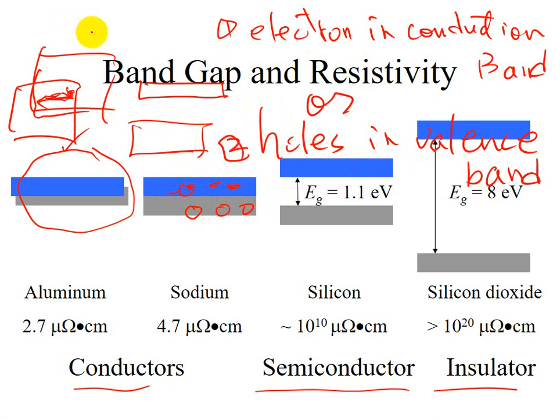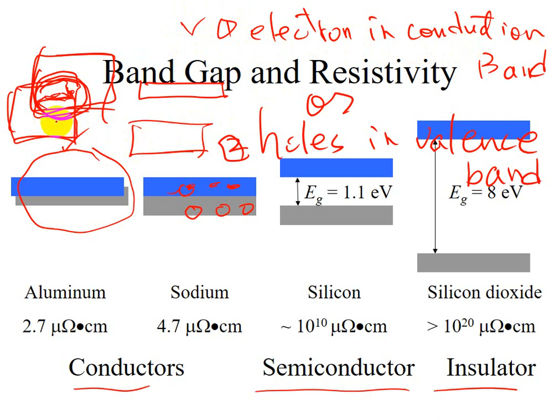So as we mentioned, for the first case, you have conducting band and valence band split up into a wider band, and then cause overlapping here, so electrons can move from valence band to conducting band. In that case, when electrons move from valence band to conducting band, it meets the first criteria, electron moving in conduction band.